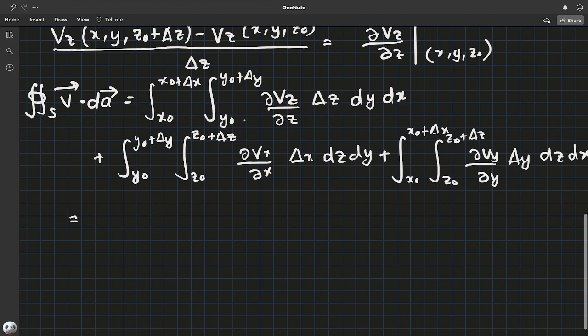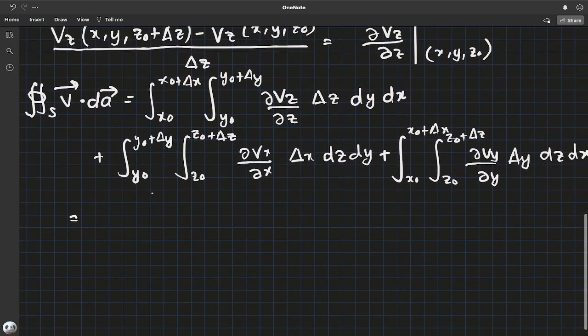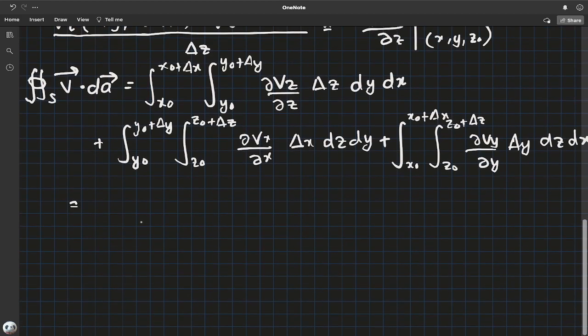So it becomes a differential cube where the derivative remains constant, in this case the partial derivative. So we can pull all of them out and then evaluate the integrals just for dy dx, dz dy and dz dx. So we get all these factors up ahead.